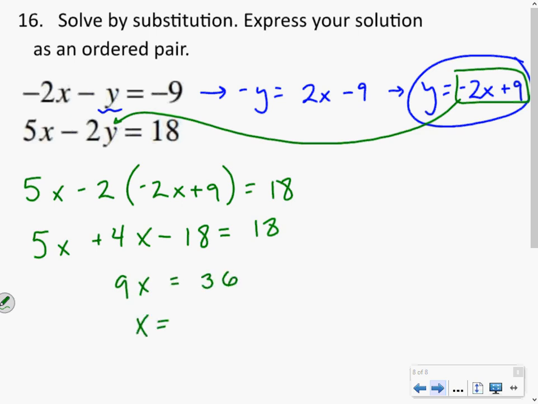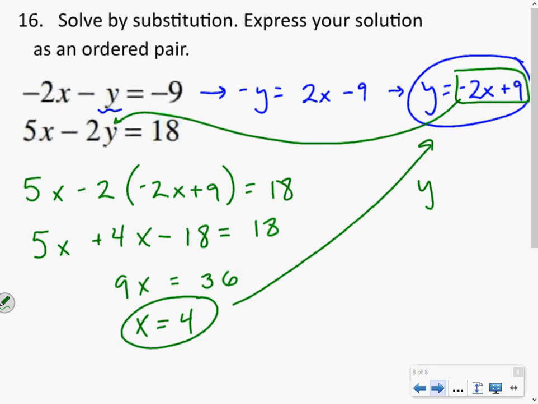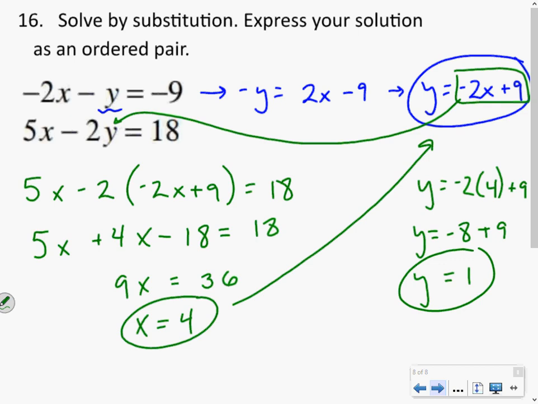And we find that x is equal to 4. Now I'm going to take that x value, substitute it back up here and find what y is equal to. So we found that x is equal to 4, y is equal to 1. Now we just have to write that as an ordered pair, and we are finished.